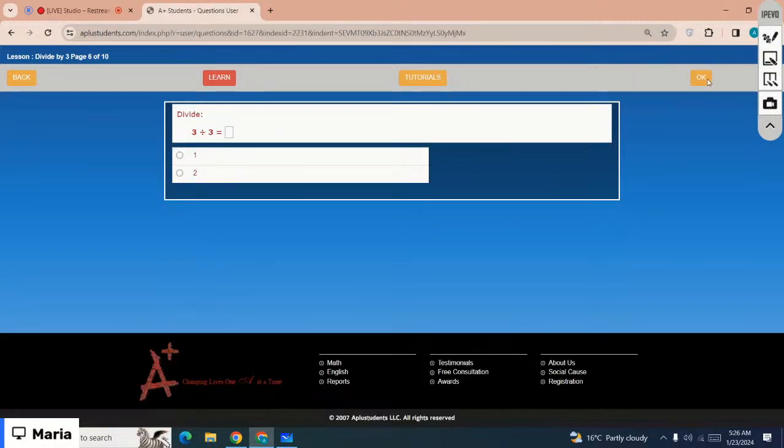The next one is 3 divided by 3, which is the correct option. 3 divided by 3 equals 1. Yes, the correct option is 1.